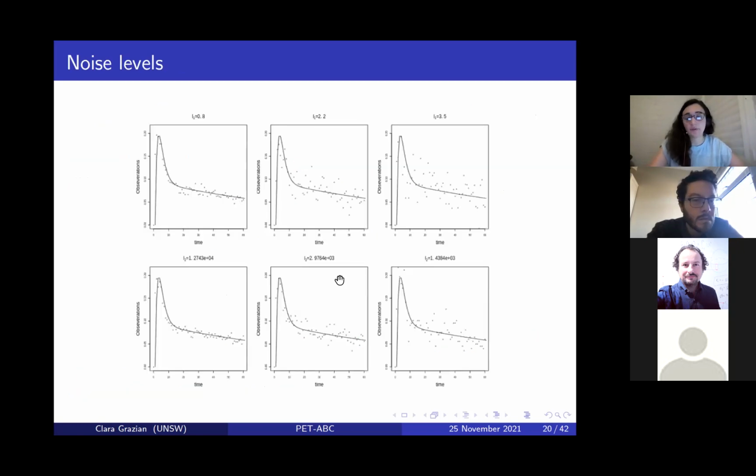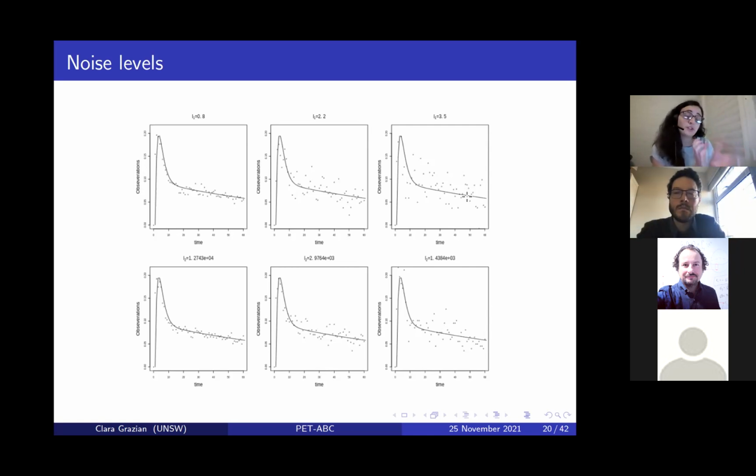So this is the type of simulation we did. In one case, we had simulations quite close to the time activity curve, while then we increased the level of noise, which is possible to observe if the quality of the image is quite low. So the differences between simulated and observed data increase with the increasing noise level.